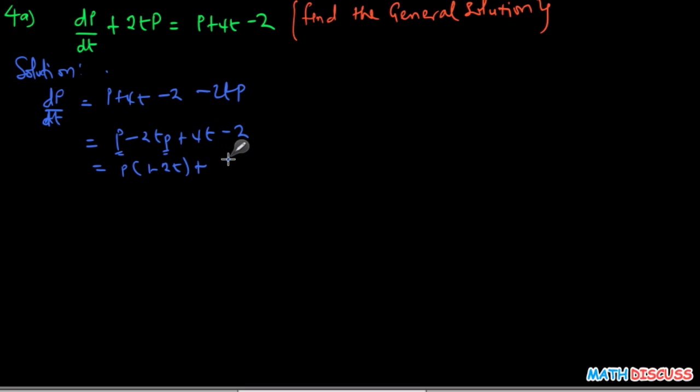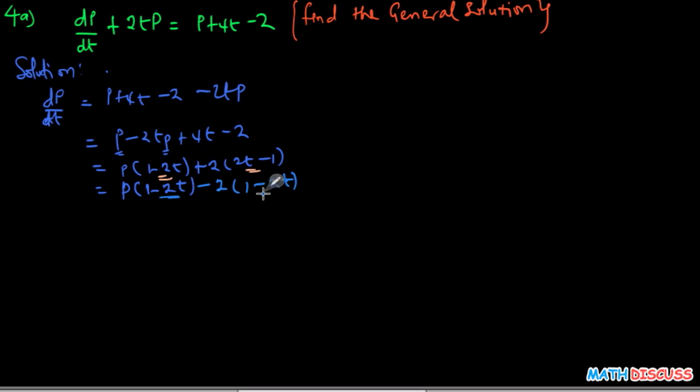Then here also 2 is common, that's 2 into 2t minus 1. So this is the same thing as p into 1 minus 2t. To write this, what I have in this bracket, to be similar to what I have here, it's just a matter of putting a negative sign here, and then they are going to be the same thing.